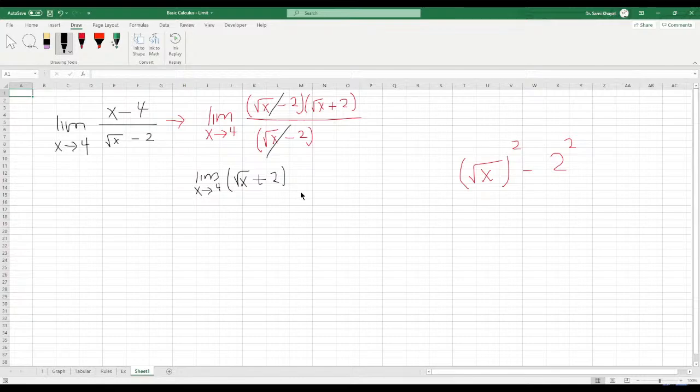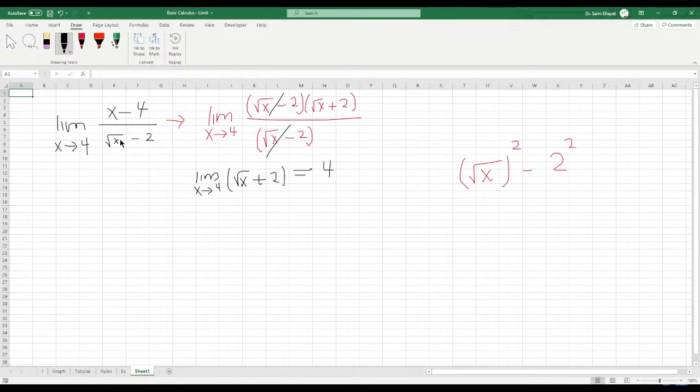I made a mistake. Okay. The answer will be 4, because square root of 4 is 2, plus 2 is 4.